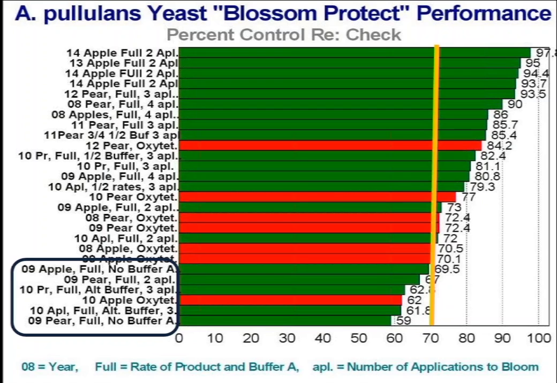So when I followed directions and put on 2 or 3 or 4 applications of Blossom Protect, even in an inoculated trial where we were jamming at least the minimum amount of bacteria necessary to infect 50% of the blossom clusters right into the flower, no natural infection, just a brutal exposure of the flower to the bacteria, we were getting almost complete protection from this Blossom Protect.